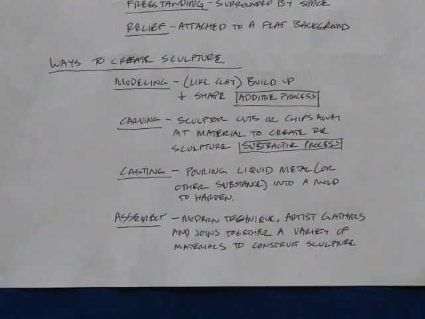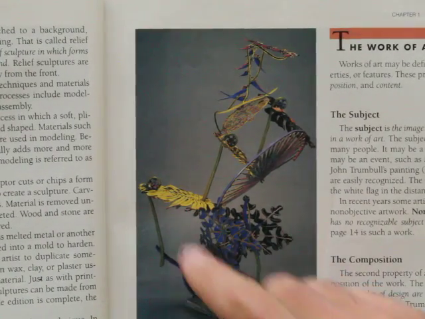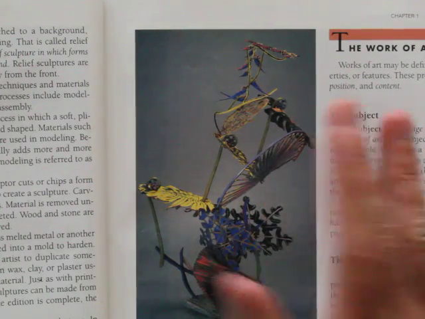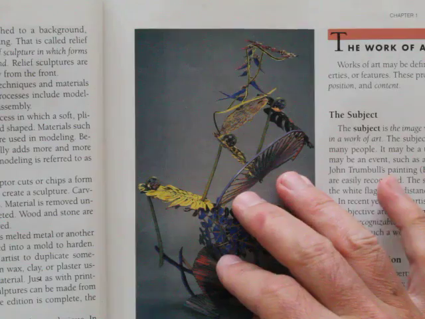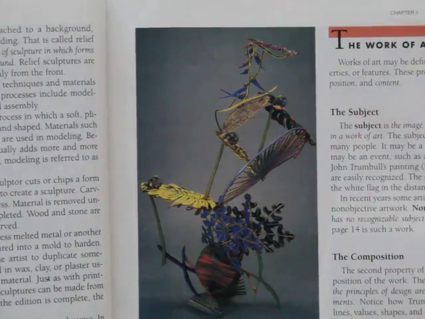So you do have an example of this in the book. And here it is on page 17. So as you read and you look at that, here's an example of it. The artist gathered a bunch of different materials and they put it together and they made a sculpture out of it.